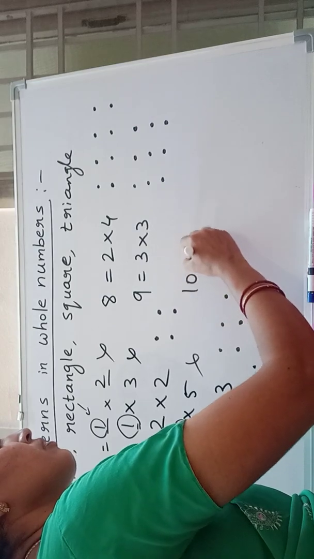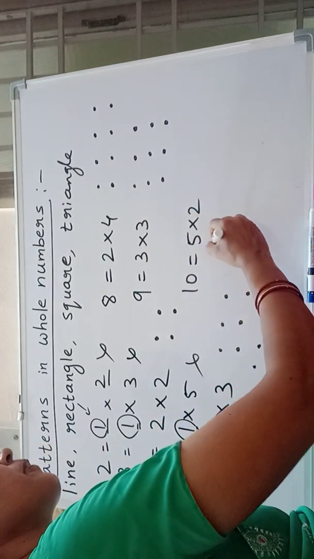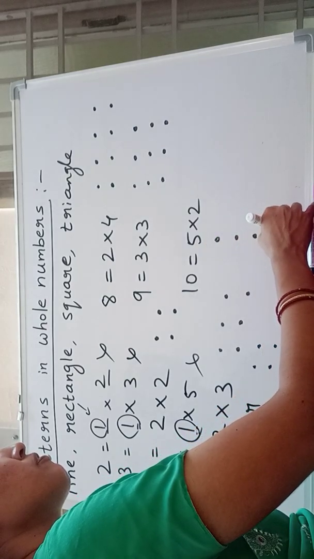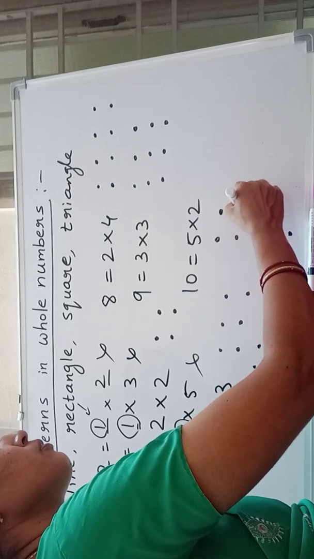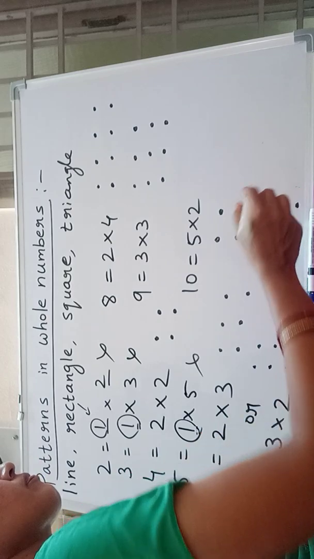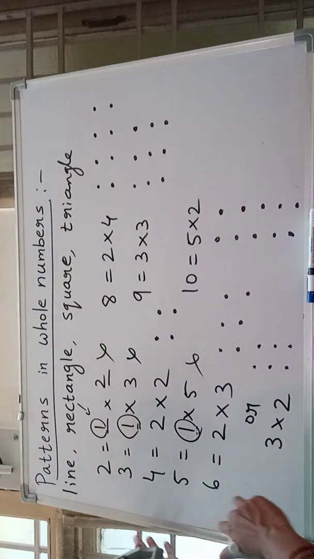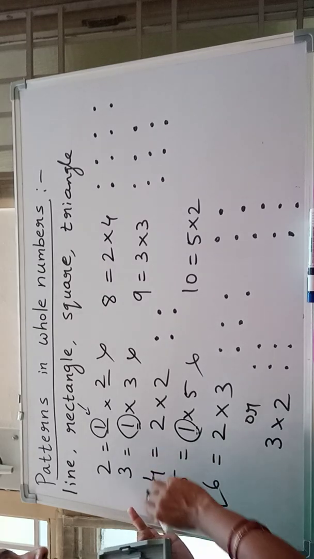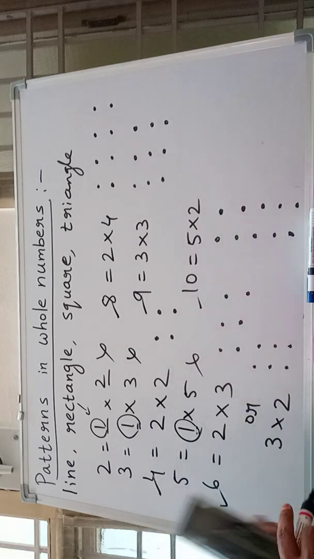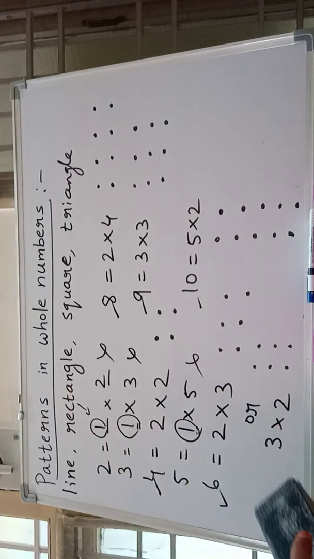With 10, yes, 10 we can express as 5 times 2 or 2 times 5: 1 2 3 4 5, again 1 2 3 4 5. These are the numbers: 6, 4, 6, 8, 9, 10 and so on. These are the numbers we can show in rectangular shape with that many dots.